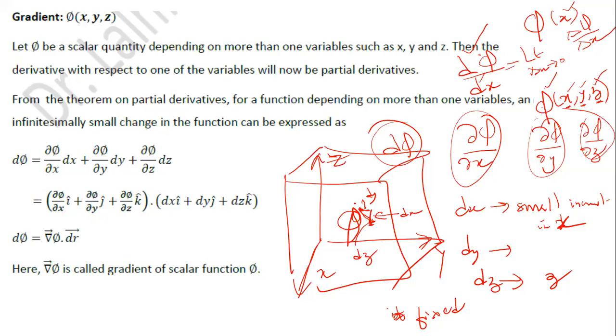So when you change the space variables by a small amount, del x, del y, and del z, then you can move phi from one location to another location.